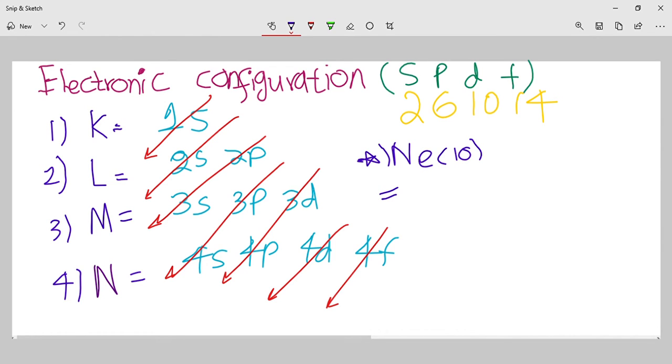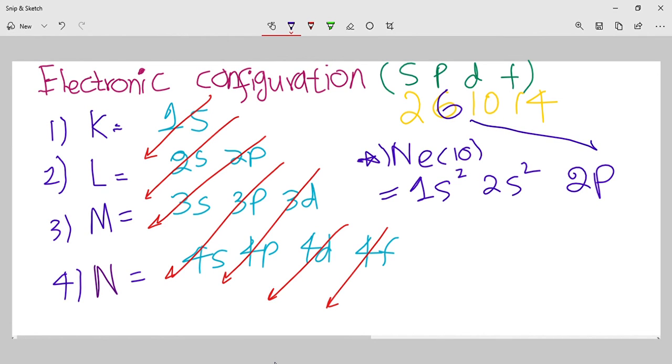So we will start from 1s2, 2s2. Now what is the next subshell? That is 2p. So we will write 2p here, and you know that p can hold 6 electrons, as shown here that the maximum number of electrons p can hold is 6.